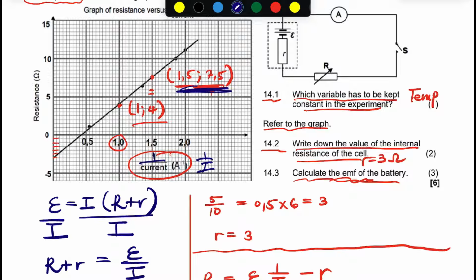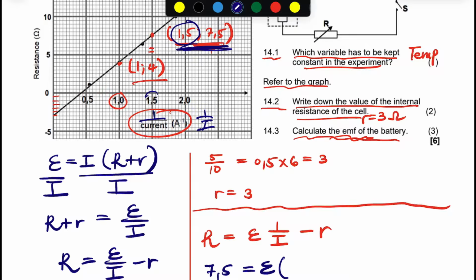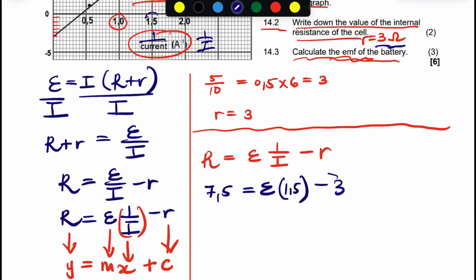It's 1 over I. So this 1.5 is already 1 over I. So I'll say 1.5 there minus, and remember the internal resistance there is 3. So I'll substitute 3 there. So if I take 3 to that side, it's going to be 10 is equal to 1.5 EMF, and divide by 1.5 and divide by 1.5.